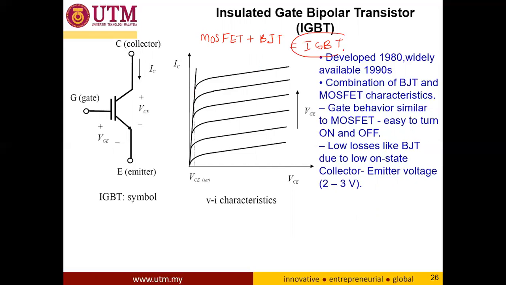So the IGBT will possess the good DNA from its parents, the MOSFET and BJT. Meaning the IGBT can be said to be an all-rounder winner among transistors, because it has low power losses.